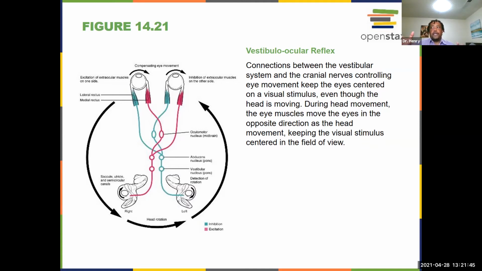And so it goes in opposite directions. The eye muscle is naturally going to go in the opposite direction to compensate for that turn. Does that also make sense?